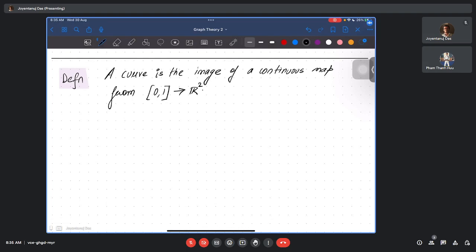And a polygonal curve is a curve composed of finitely many line segments.